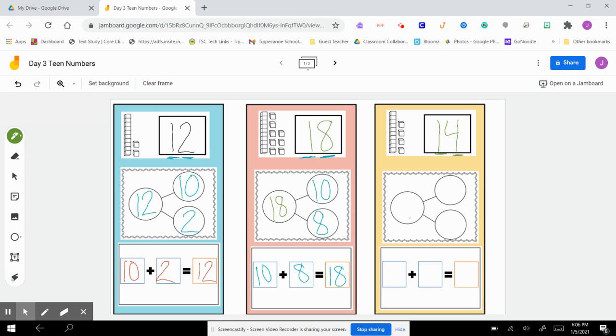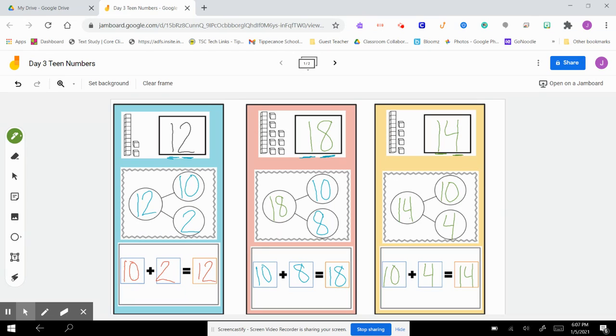If you want to double check, you can go back and count 10, 11, 12, 13, 14. I'm going to put 14 as my whole number. I have one group of 10, and I have 4 ones. I'm going to do my part plus my part to equal my whole.